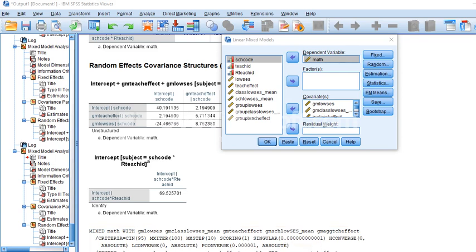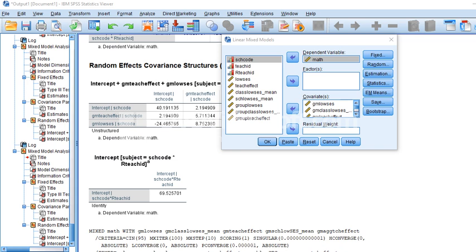Okay, in this video we're going to continue our demonstrations concerning three-level multi-level models, following from the presentation in Chapter 4 of Heck et al.'s book on multi-level and longitudinal modeling with IBM SPSS.